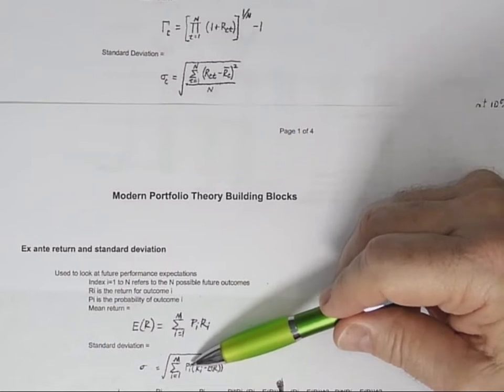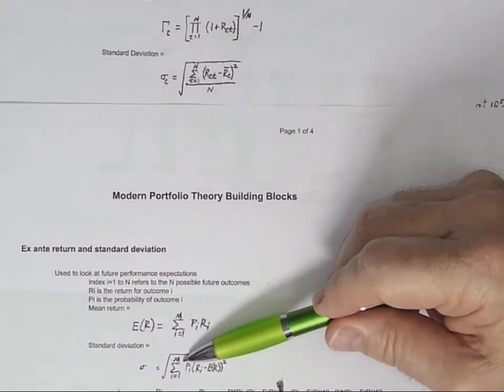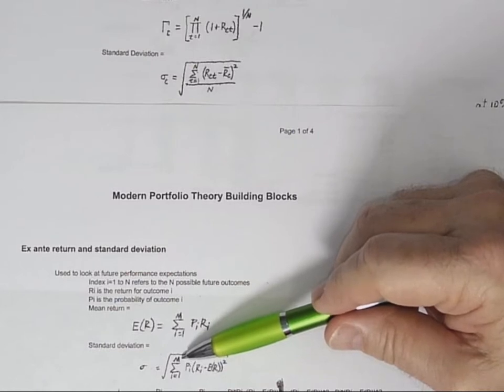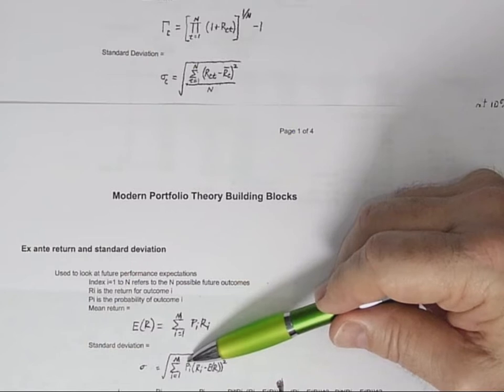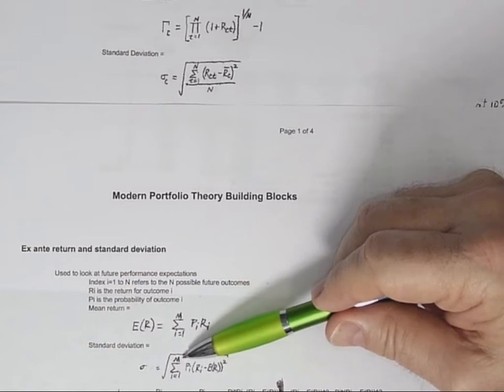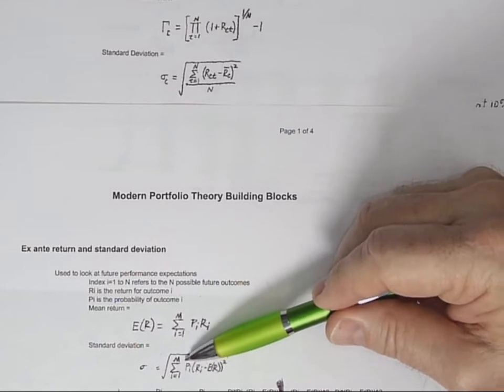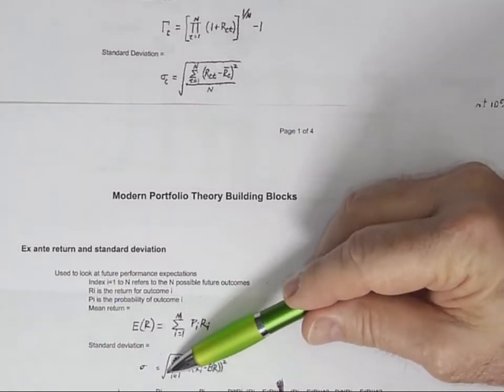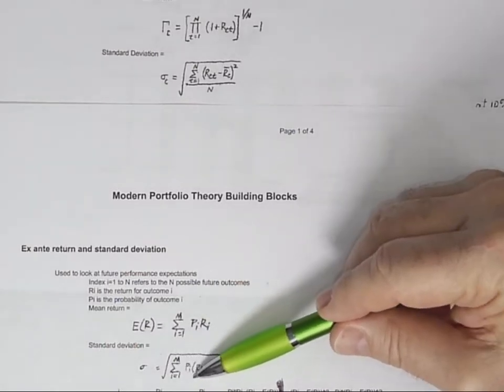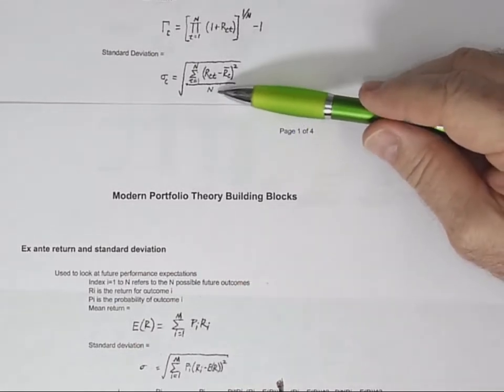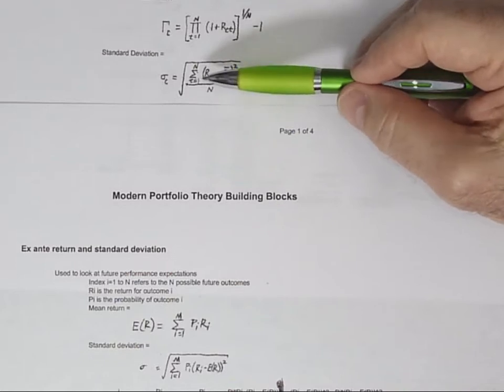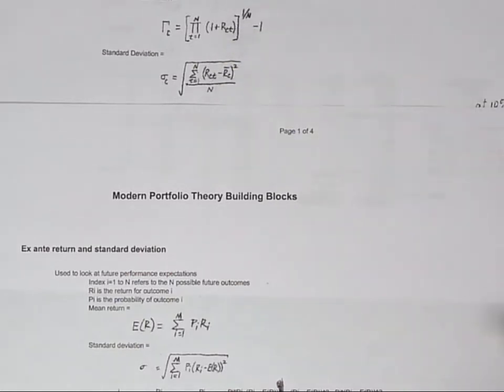That is, there are m different possibilities, and if they all have equal probability of occurring, then 1 over m would be their probability. And so this would be 1 over m, which means you can take it out of here completely and just divide by m. And that's kind of what we have here. We're using n instead of m, but it's the same concept.